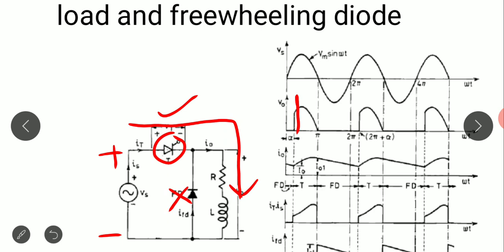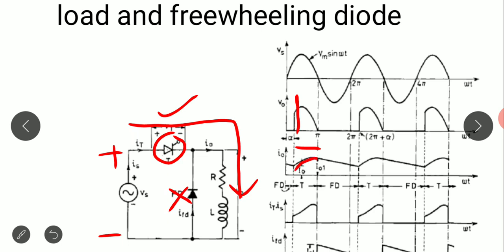Okay, and the RL load is directly connected with the supply. That means V0 voltage will be exactly equal to Vs voltage. You can see that from alpha to pi, V0 voltage is same as Vs voltage.